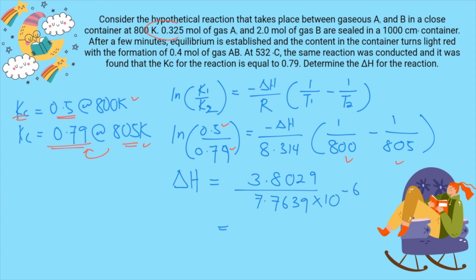So after pressing your calculator, the final answer for your delta H should be equivalent to 4.8983 times 10 to the power of 5. So this is the final answer for question number 5.